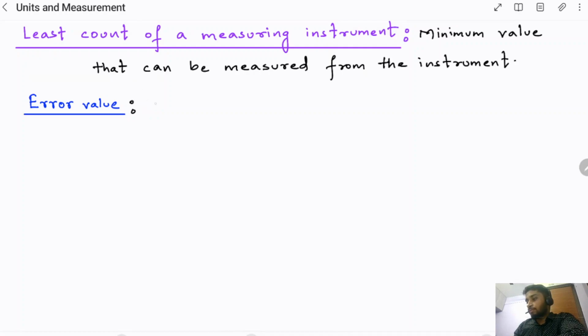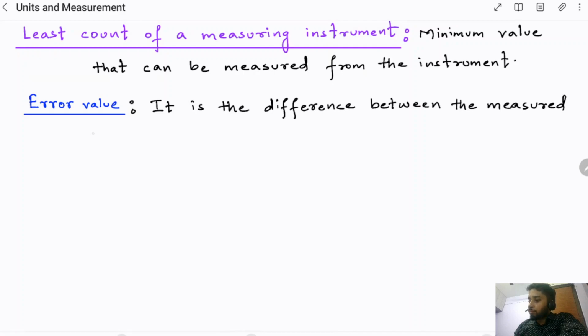It is the difference between the measured value and true value.